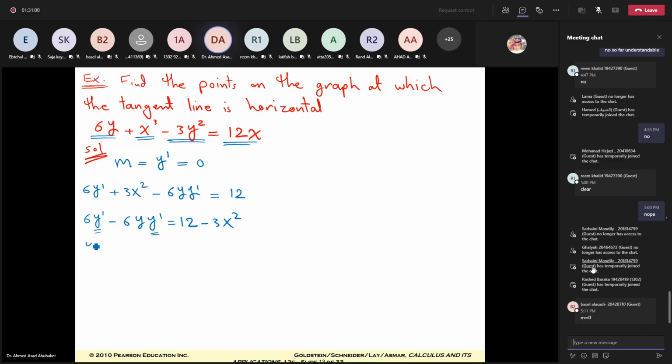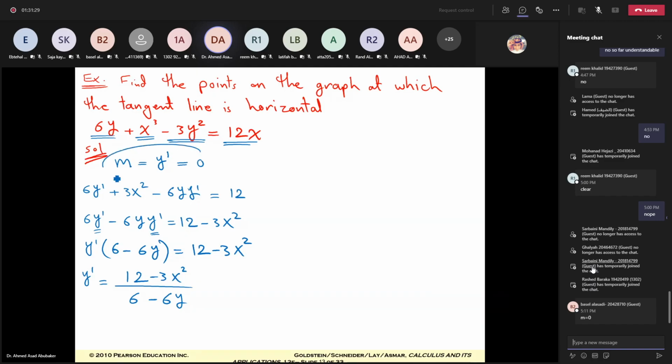Take y prime as common factor, so we have y prime times (6 minus 6y) equal 12 minus 3x squared. By dividing over, we have y prime equals 12 minus 3x squared over 6 minus 6y.